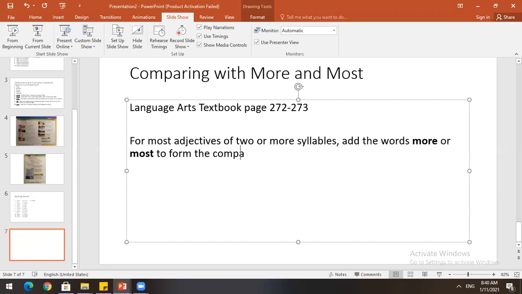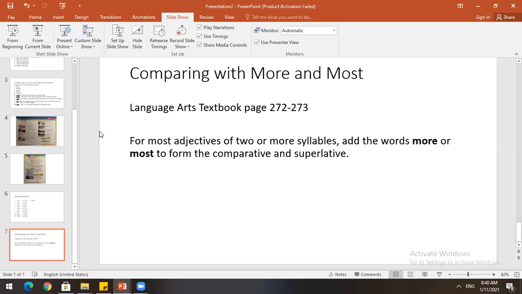So for most adjectives of 2 or more syllables, we add the word more or most to form the comparative and superlative. What does this mean? Think about happy. Happy is 2 syllables, but in this case we add ER.